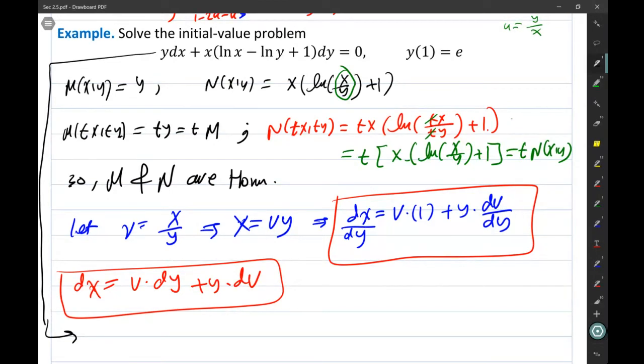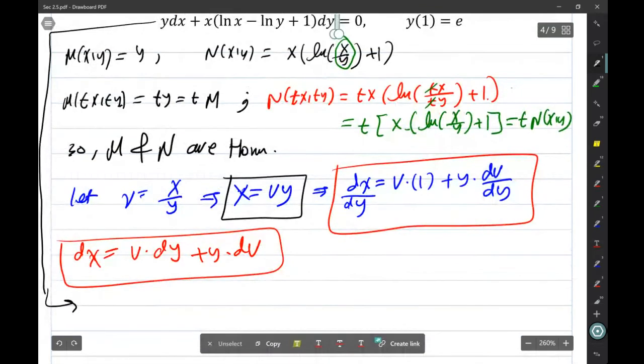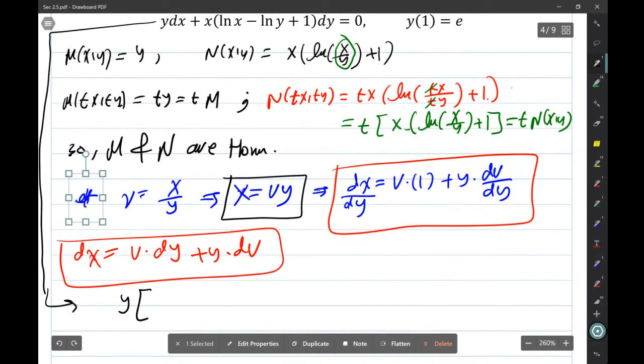Now y, leave it as it is, but replace each x by vy only. So you will have y times dx, which is already here: v times dy plus y times dv.